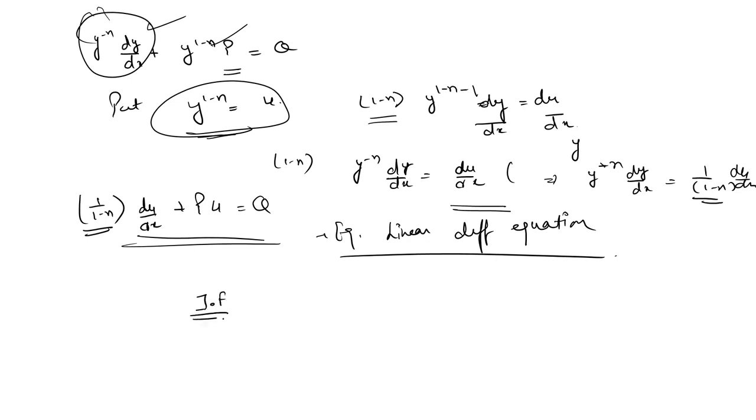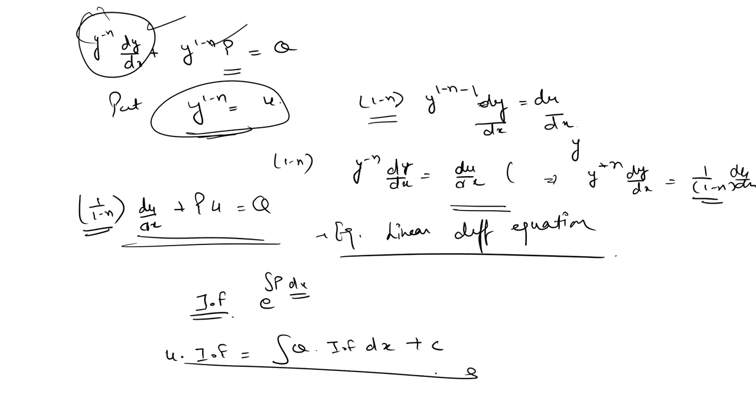Firstly, we will find the integrating factor, which is e to the power integration of p dx. Then its solution is u into integrating factor equals integration of q into integrating factor dx plus c, and after solving, we will substitute again the value of u.